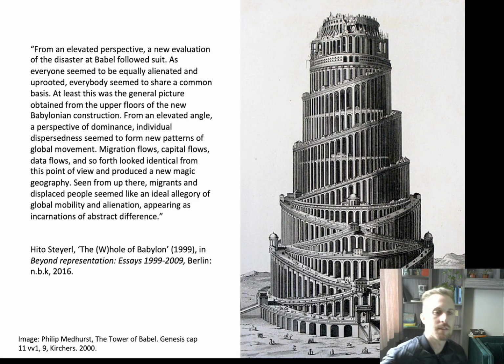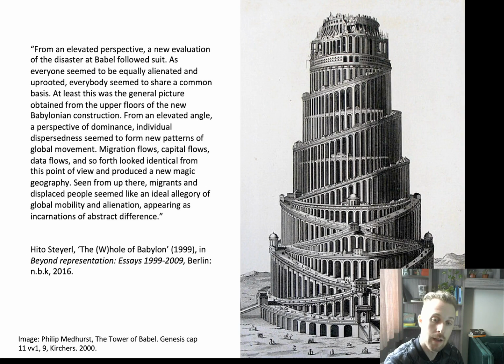Hito Sterl writes, "From an elevated perspective, a new evaluation of the disaster at Babel followed suit. As everyone seemed to be equally alienated and uprooted, everyone seemed to share a common basis. At least this was the general picture obtained from the upper floors of the new Babylonian construction.